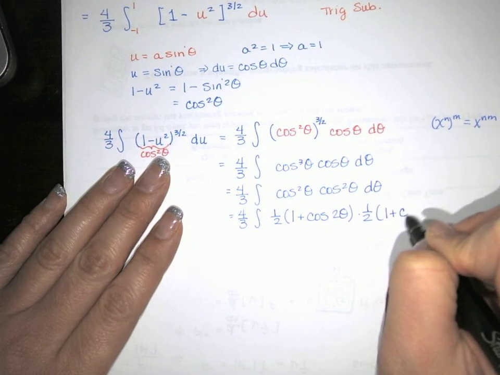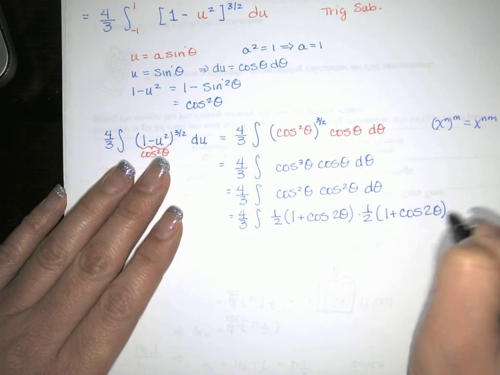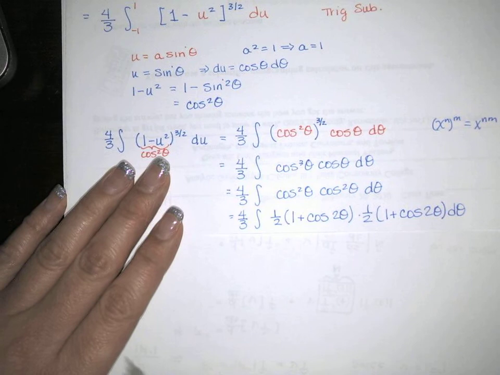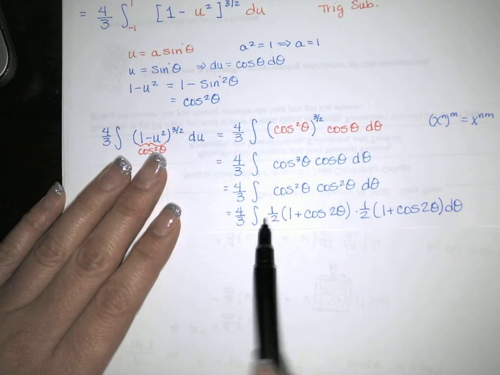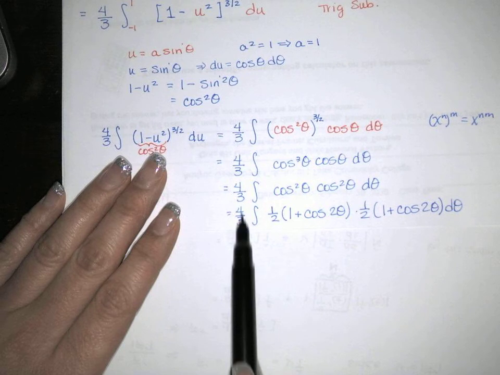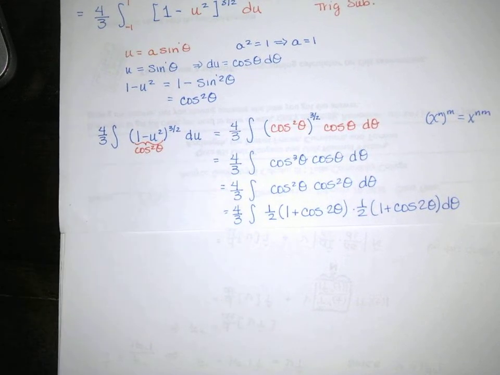So each cosine squared will get replaced with that. Now multiplication is commutative, so you can take this 1/2 and 1/2, multiply those together, that's a 1/4, and multiply it by the 4/3, and so you'll get a 1/3 out front.